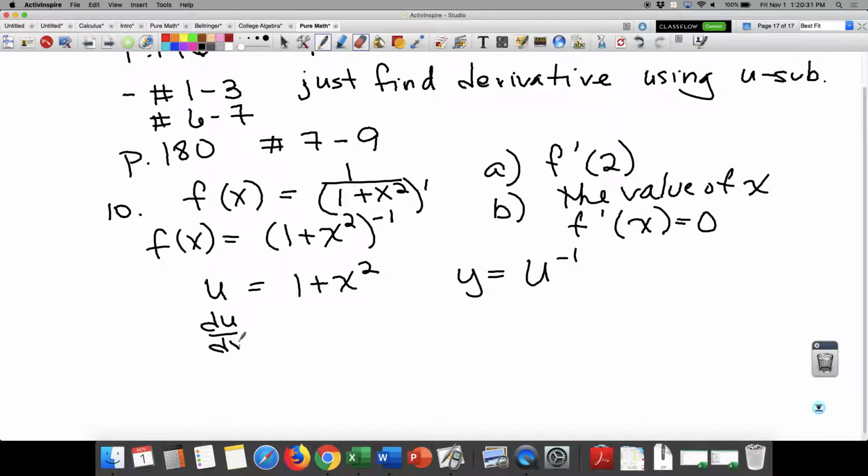du dx equals 2x. dy du equals negative 1 u to the negative 2.